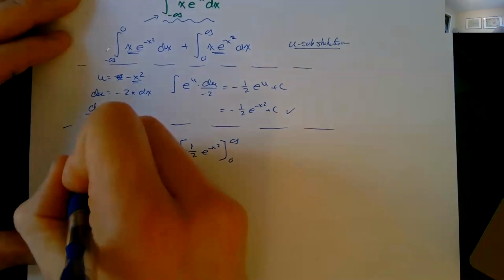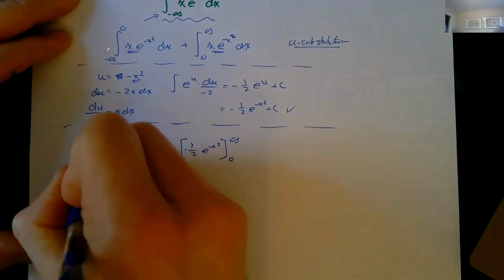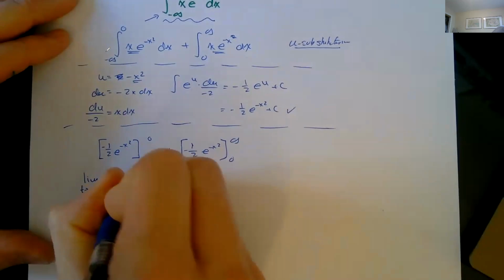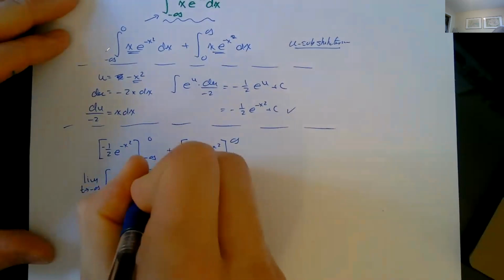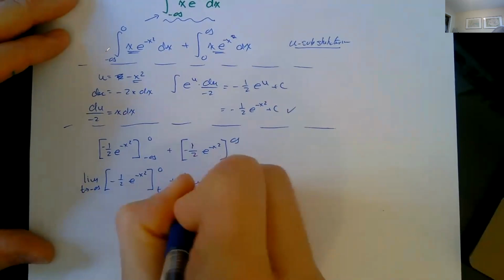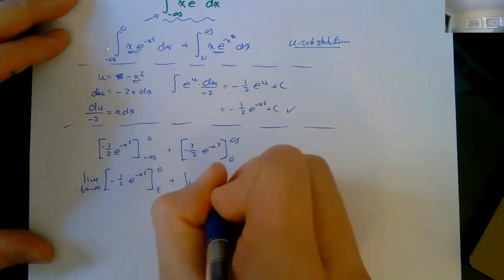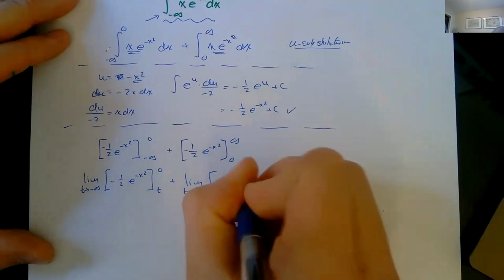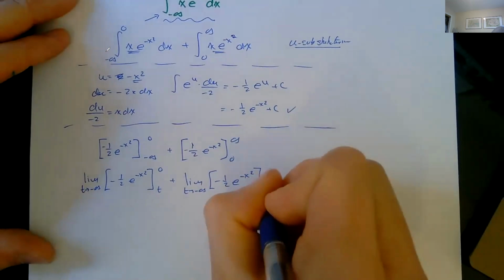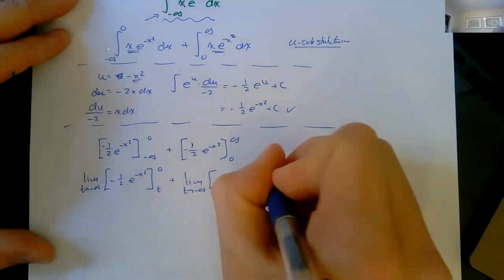So I could rewrite this as the limit as t goes to negative infinity of negative 1/2 e to the negative x squared from t to 0, plus the limit as t goes to infinity of negative 1/2 e to the negative x squared from 0 to t.